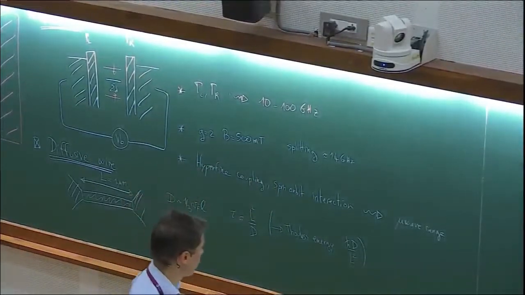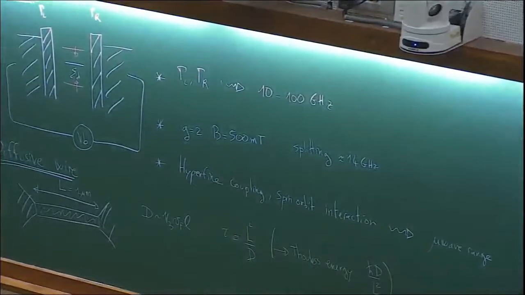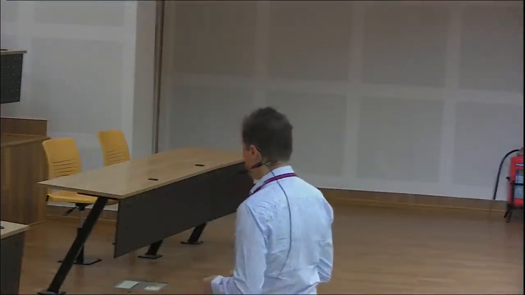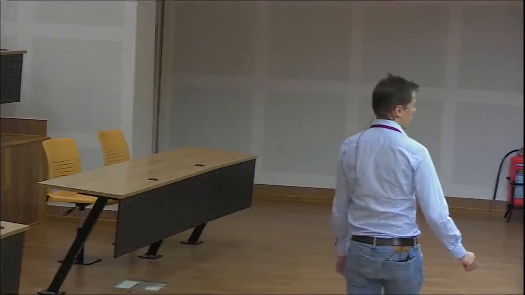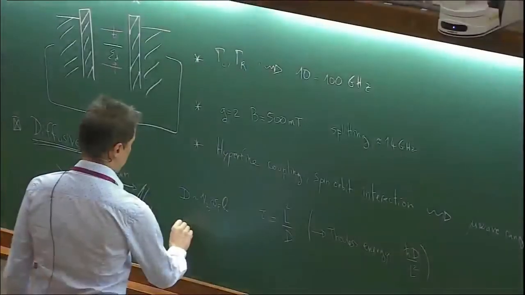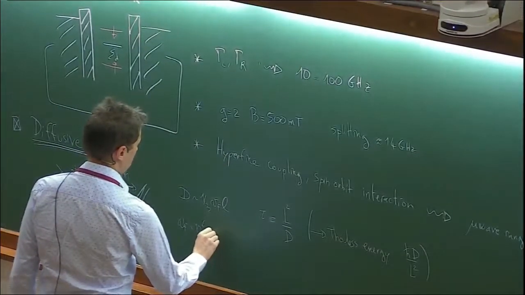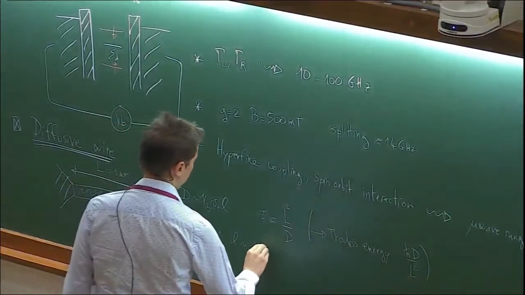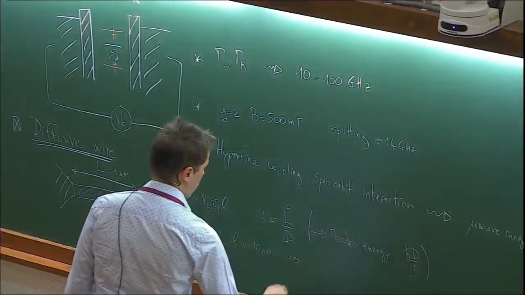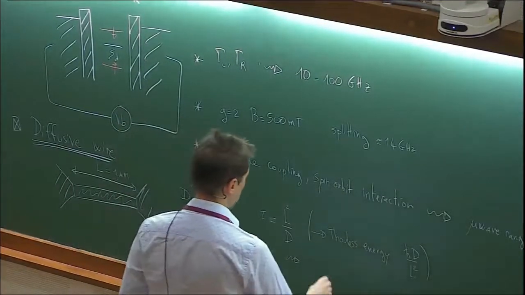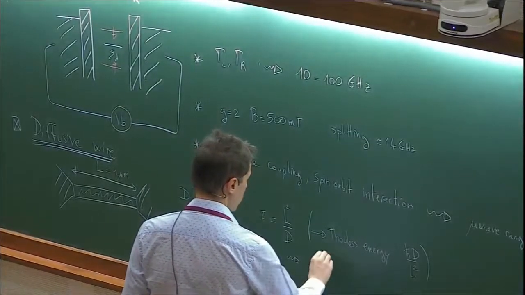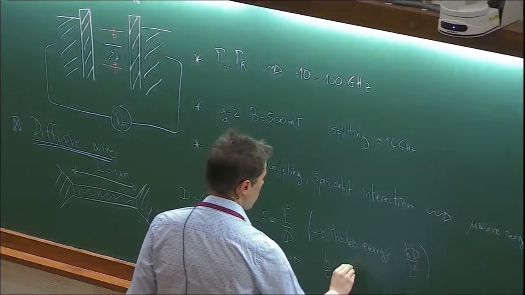And this diffusion time, if you take a standard Fermi velocity, so for example, I took 10 to the 6 meters per second, and you take an elastic mean free path of about 10 nanometers, you end up with an energy scale, with a frequency h over tau, which is about 3 gigahertz.